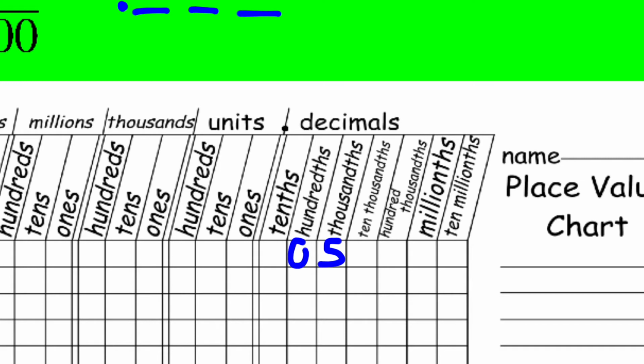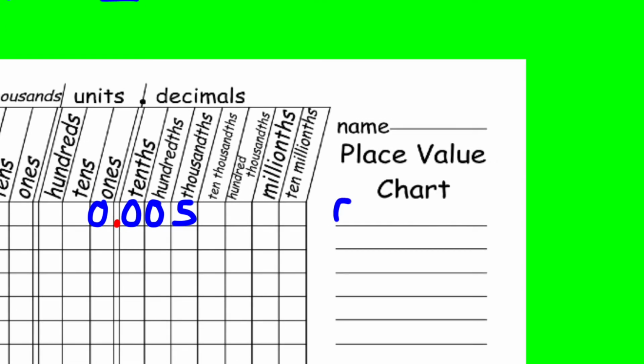And that means we'll have 0 placeholders here for our 3 decimal spots. And there's our decimal number. We would say that number as 0 and 5 thousandths. 0 and 5 in the thousandth spot.